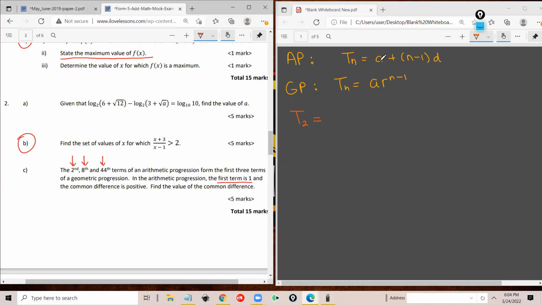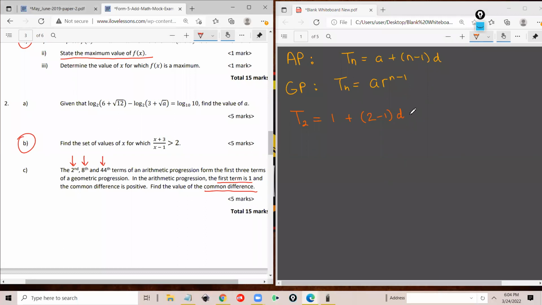So that means we could replace the A with 1. So it will be 1 plus open brackets n minus 1. We're pretending n is 2 because they're talking about the second term. So 2 minus 1. And of course, we don't know the common difference. That is what they're asking us to find.